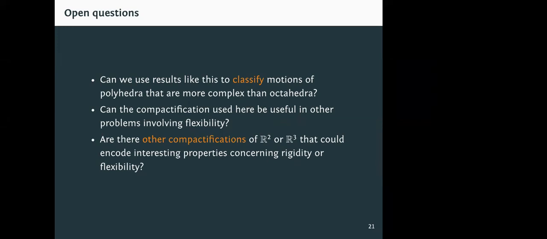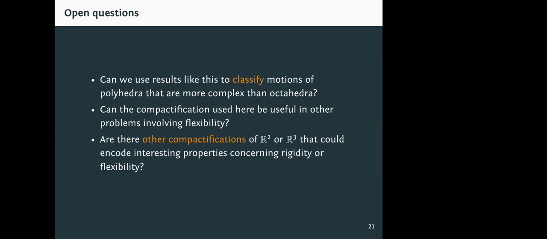So the first one is something that moved us at first in order to prove this statement. Can this kind of necessary conditions for flexibility allow us to classify motions of polyhedra that are more difficult than octahedra?